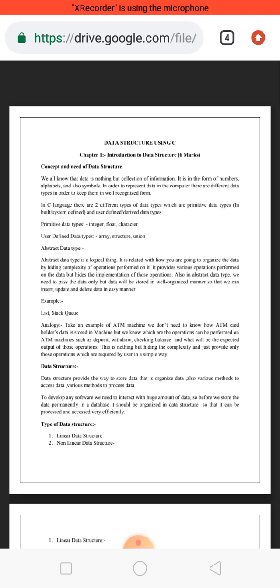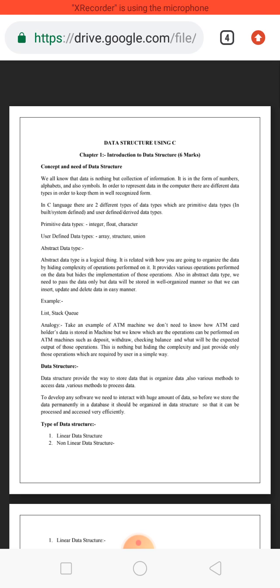This is the way your messages are stored in your mobile phone. This is the data structure which is used to store those messages. Similarly, various data structures are available for you, like stack, queue, list, trees. By means of those data structures, we can store the data.